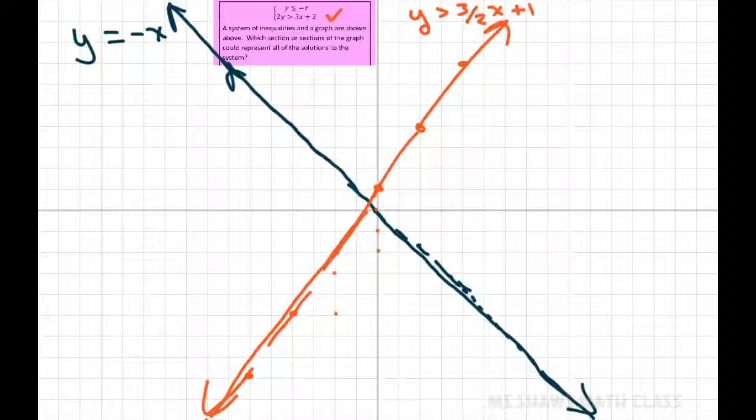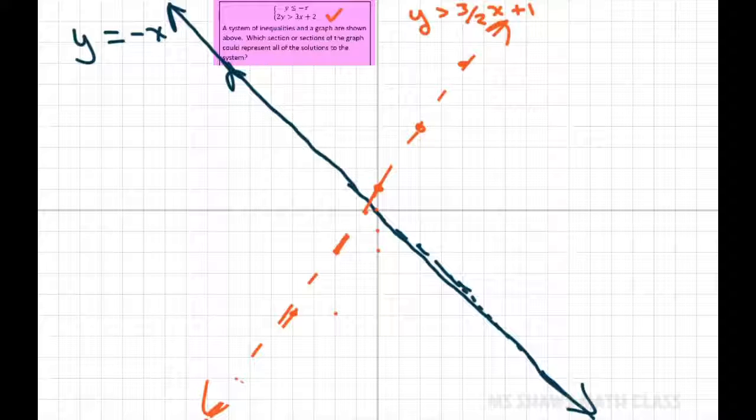This red line said it's greater than but not equal to. So I'm going to go through here and just delete this and make it a dashed line. I'll do another dash. Here's another dash. There's another dash. And just make it a little better here.